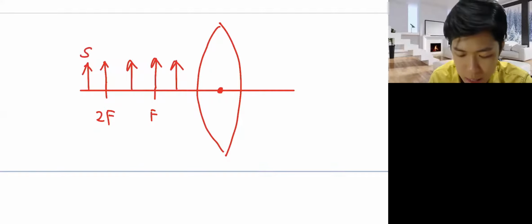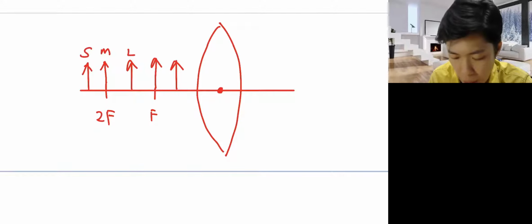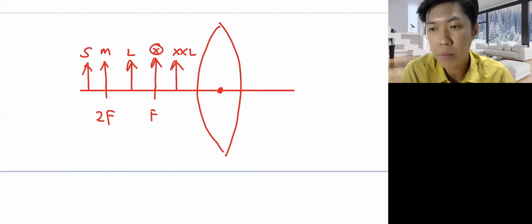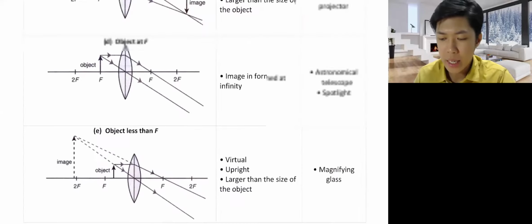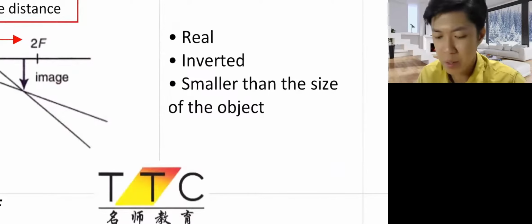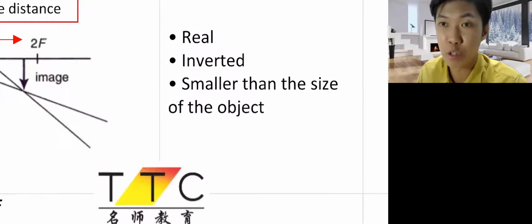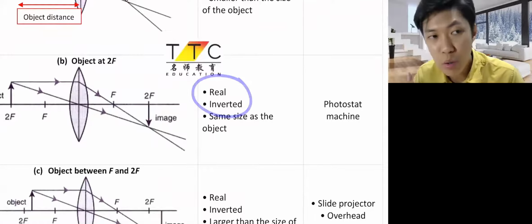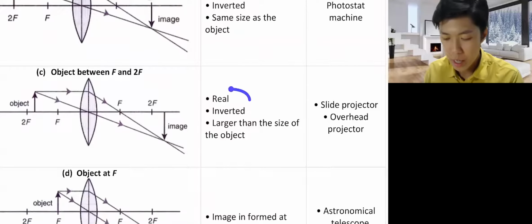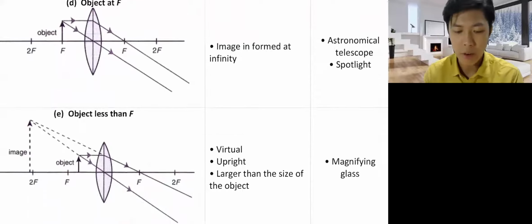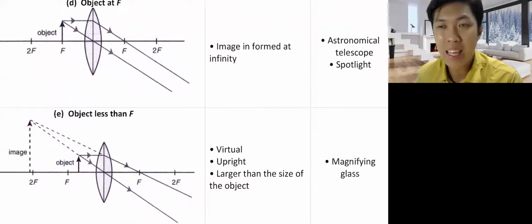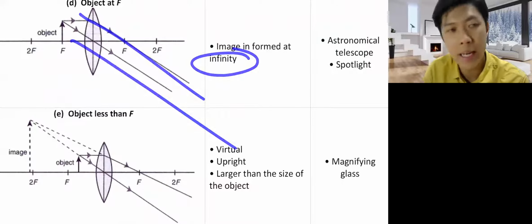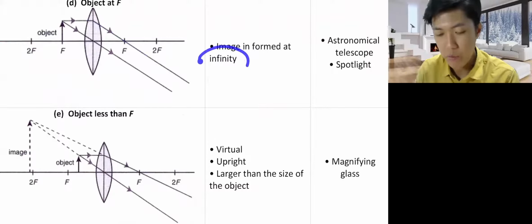This is S, M, L, no size, XXL. The rest of the characteristics are going to be real and inverted. This is for sure, right? So you must remember the first two characteristics are always real and inverted, except for the image at F, which would be infinity, meaning you can never find a cross point.